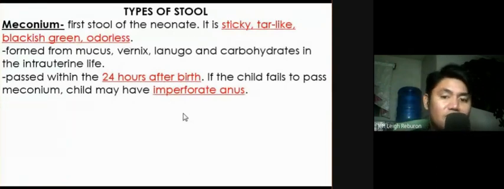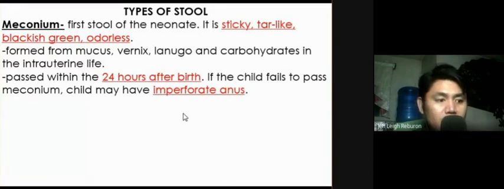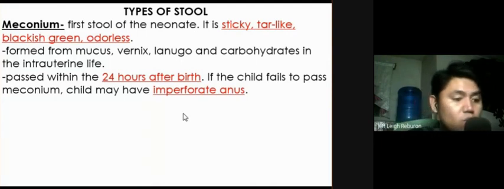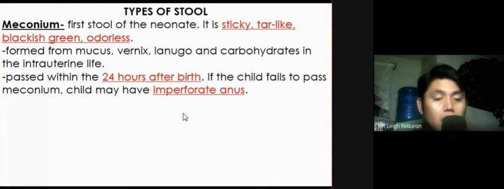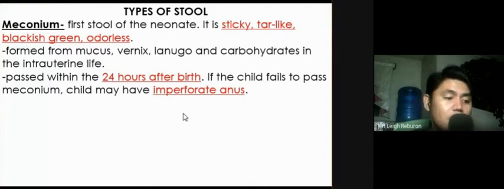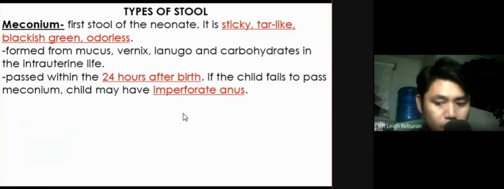Because if the child fails to pass the meconium within the first 24 hours, report to the doctor immediately because the child may have imperforate anus. That's what we call imperforate anus.